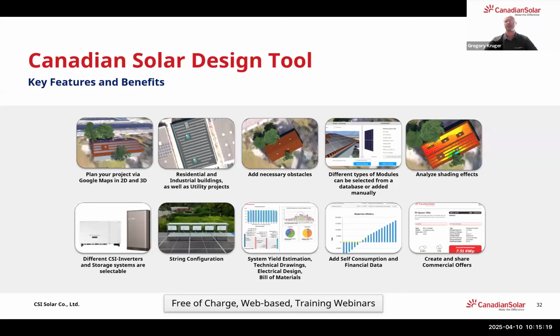And after doing your whole design, you can get the system yield estimation, technical drawings, electrical designs, and also the bill of material. This is very helpful, especially if structural engineers want information regarding the panels and the weight and so forth that you install.